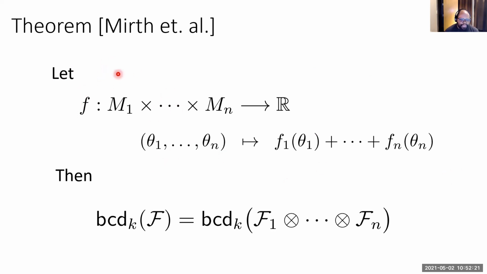If you have smooth, compact, closed manifolds M1 through Mn, and you construct the smooth function f, which is the sum of f1(theta 1) through fn(theta n), then the barcode of the sublevel set filtration of big F is the barcode of the tensor product filtration of the sublevel sets of each component separately. And this can be studied using our Kunneth formula for the tensor product filtration. And that's exactly what they do.